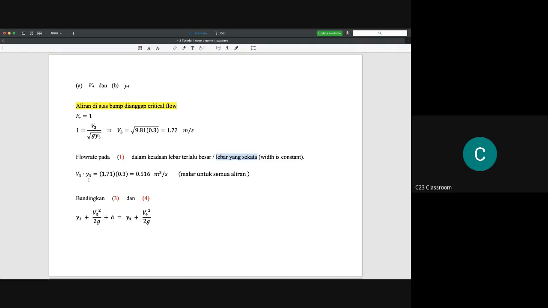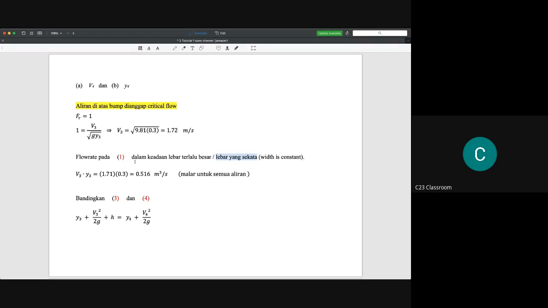So we could compare the points before and after the hydraulic jump. I hope you can understand that, because we use water and water is an incompressible fluid.